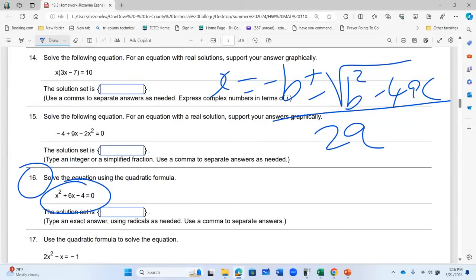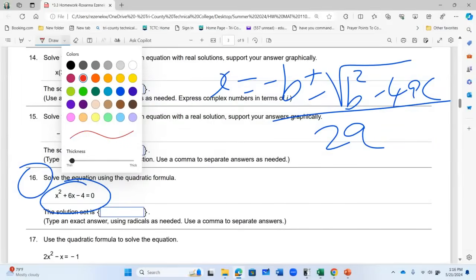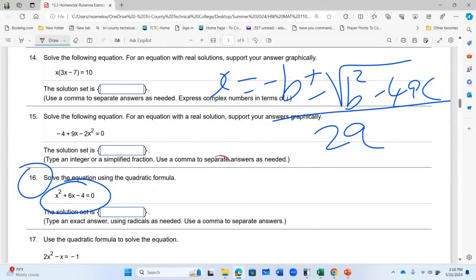Second term is degree 1. Third term is degree 0. At this point, the next thing I will ask myself is, have I collected A, B, C? My A is 1, my B is 6, and my C is negative 4.